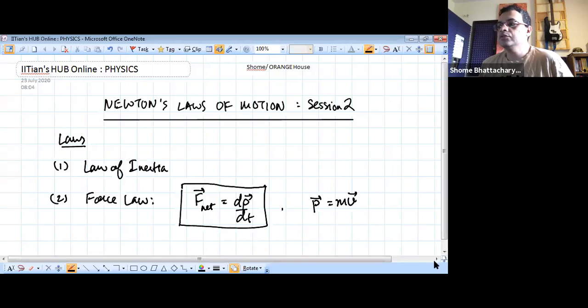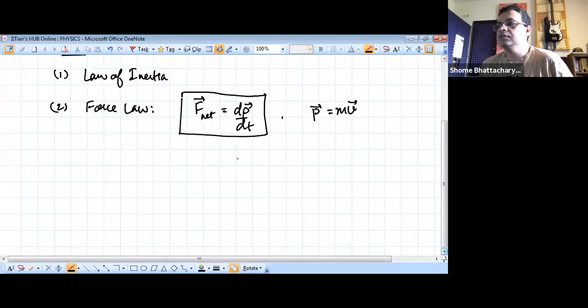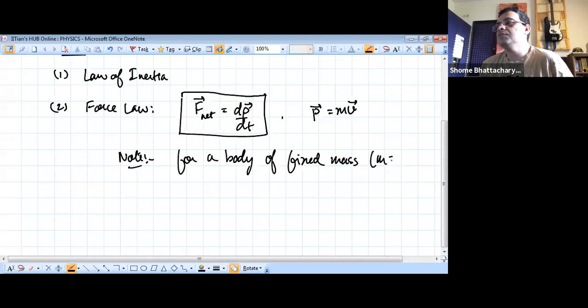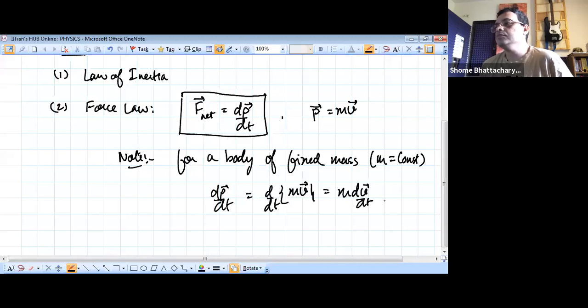Okay. So of course, now you have the special case that for a body of fixed mass, that is, mass is constant with respect to time, dp by dt, which is the rate of change or differentiation with respect to time of mass into velocity, becomes m into dv by dt, because m is constant, which further becomes mass into acceleration.